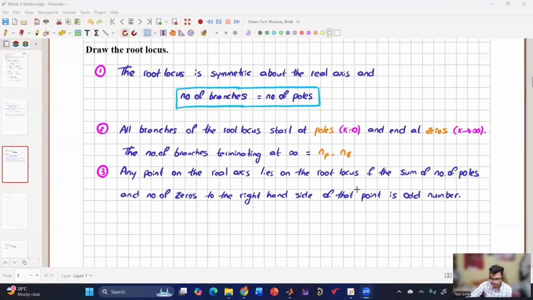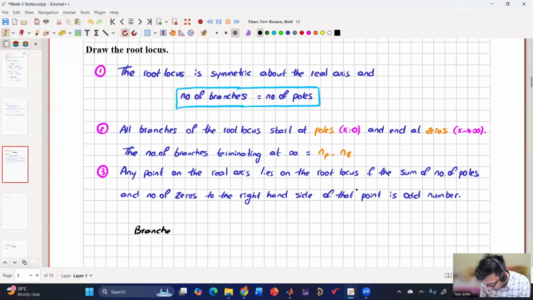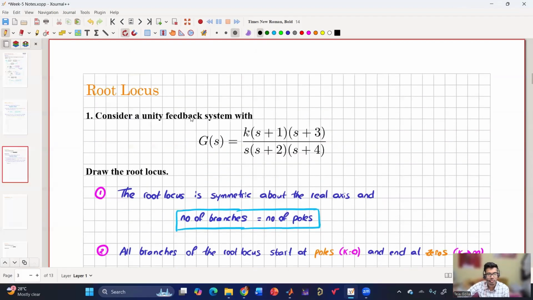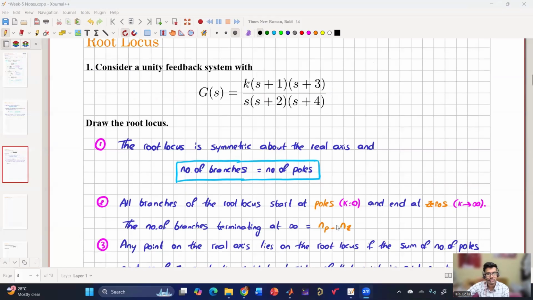So I'll write down each of these points. We have number of branches equals 3. And how many of these branches will be terminating at infinite, which is equal to number of poles minus number of zeros.